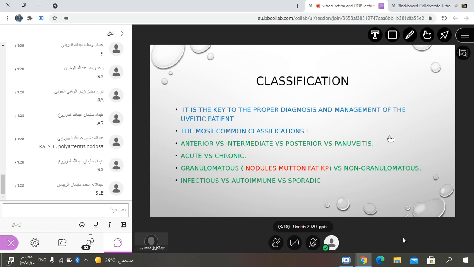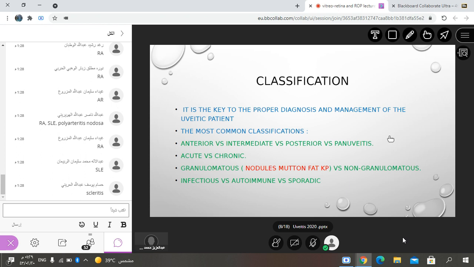So you know rheumatoid arthritis. Rheumatoid arthritis will rarely result in uveitis. It will result in what? What is the association with the eye? Excellent, Hussam. So scleritis and sclerokeratitis, and it is severe scleritis.